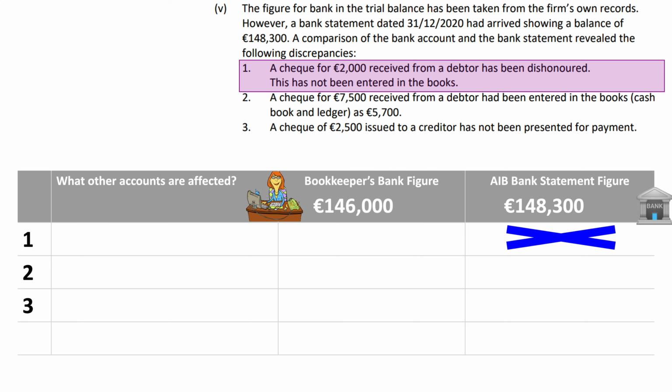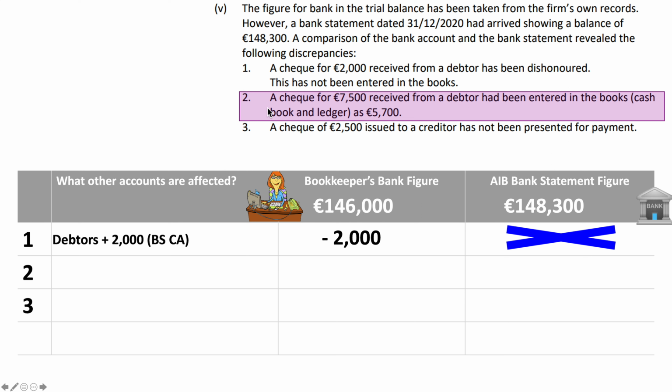But if the cheque has bounced, the debtor didn't have enough money in their account. Basically, that's going to reduce the positive bank figure here, and we will have to add 2,000 to the debtor figure in the balance sheet. So that's part 1 done.